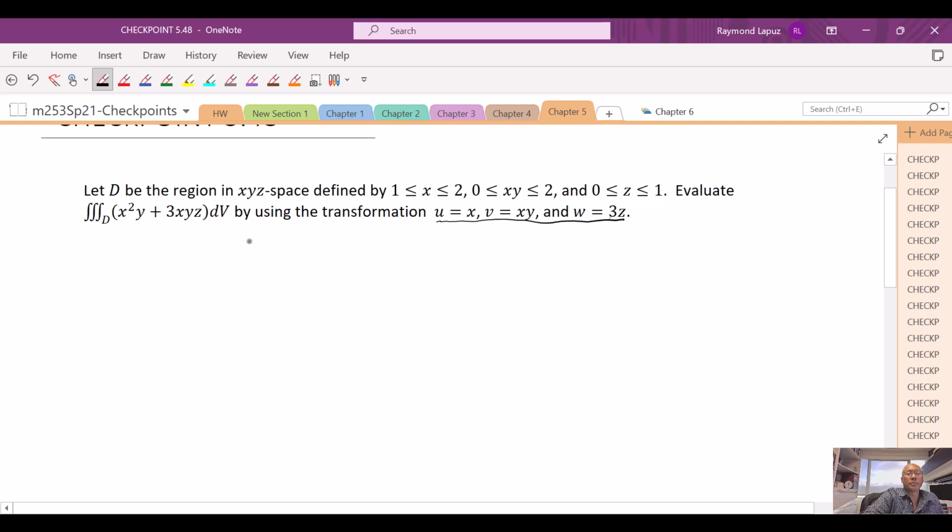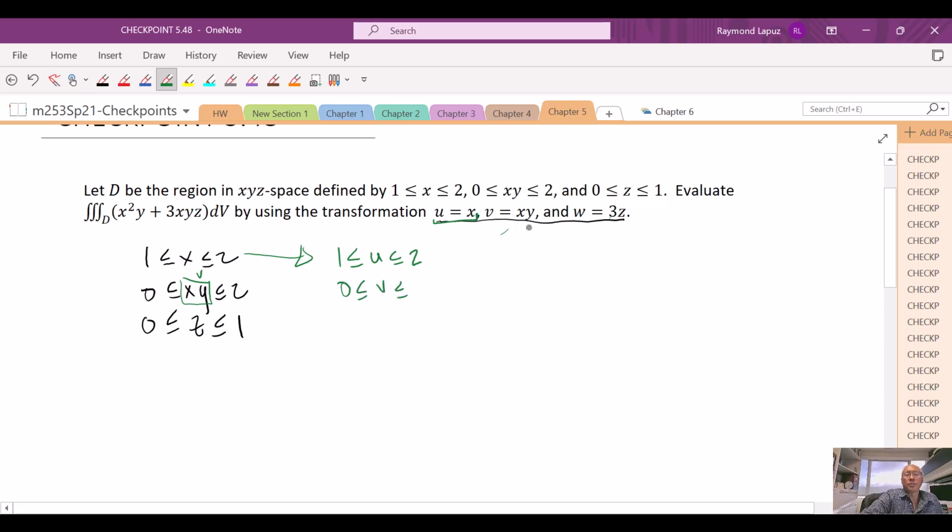Let's rewrite everything over. We have 1 less than or equal to x less than or equal to 2, 0 less than or equal to xy less than or equal to 2, and 0 less than or equal to z less than or equal to 1. Given this transformation, u is just equal to x, so that's a direct translation, where instead of an x we're going to have a u. So u is going to go from 1 to 2. Now this whole thing here can be seen as v, so v is going to go from 0 to 2.